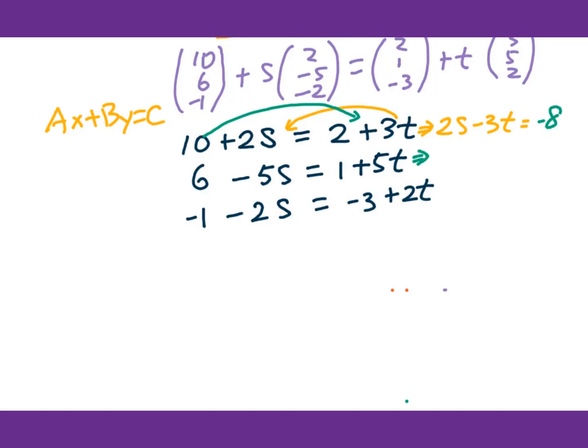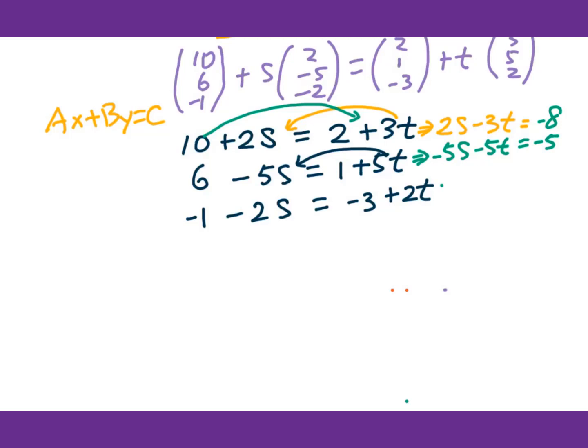For the second equation, I will move 5t here. So you have negative 5s minus 5t equals negative 5.